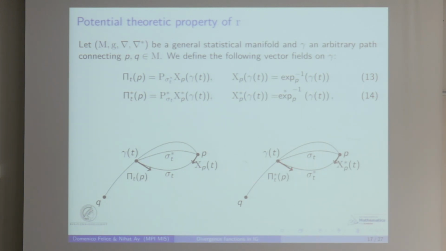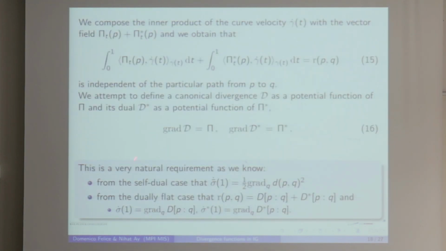Before giving the definition of the new canonical divergence, let us first discuss this potential property that comes out from that important generalization of the Gauss lemma to the statistical manifold.